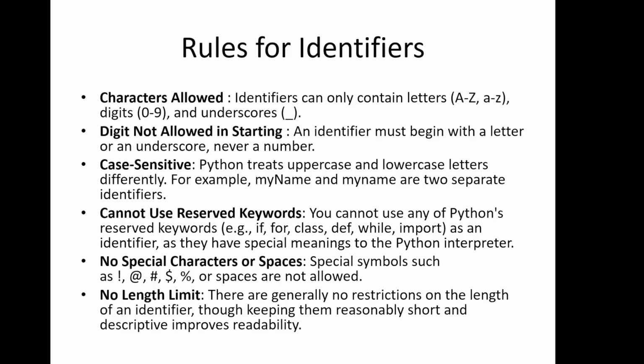Let's say we have student age and we want to keep it as a variable name, so we'll write student underscore age. In the same way, if we have total marks, then total is small, underscore, marks. This way we can keep identifiers or variable names.